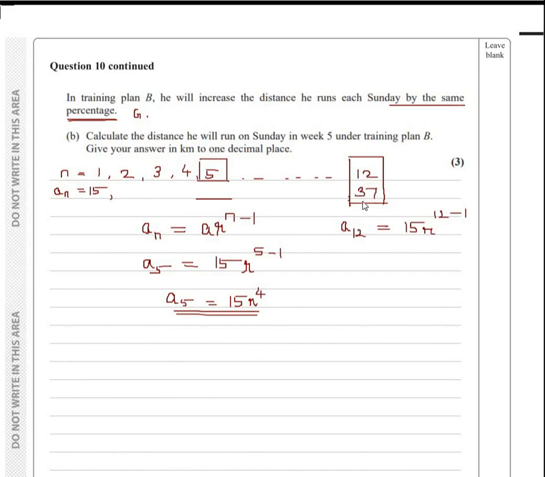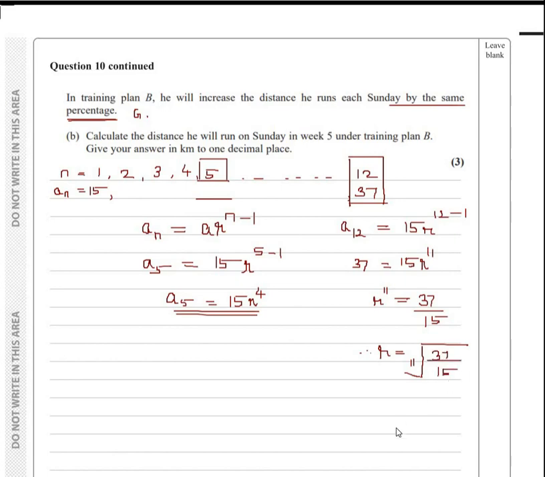So A12 is 57. We substitute: 57 equals 15 R to the power of 11. So R to the power of 11 is equal to 57 divided by 15. Therefore, R will be equal to the 11th root of 57 over 15.